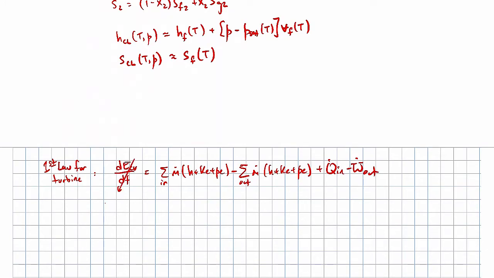We said that the cycle is at steady state, so the left-hand side is 0. We're going to neglect kinetic and potential energy changes because we were told to do that, and they're typically pretty small anyway. We'll assume that the turbine is operating adiabatically, so we'll neglect that, and we know from conservation of mass, I'll just write that over here.